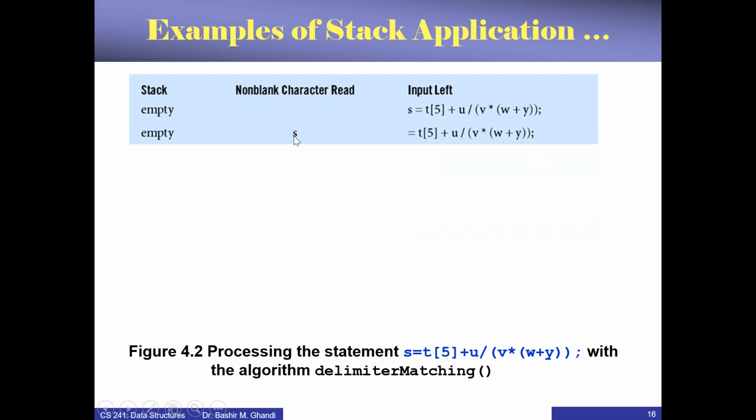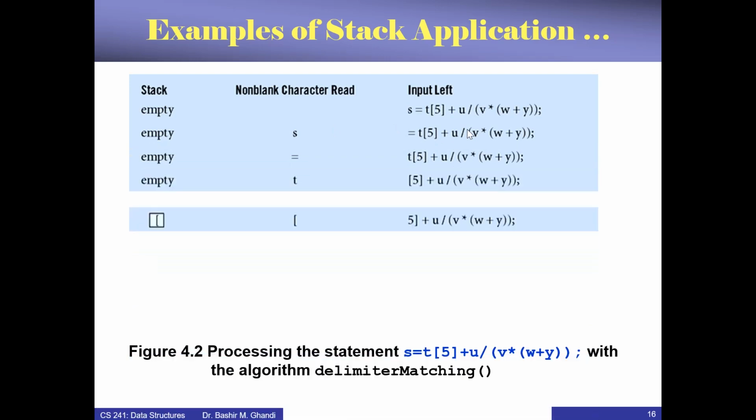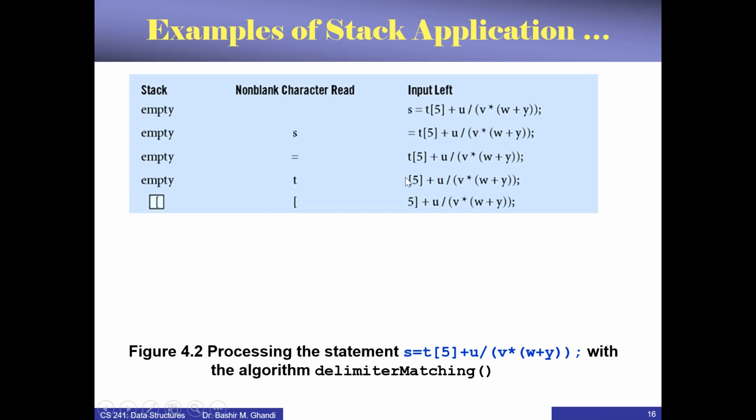Obviously S is not one of the characters we are concerned with. We are only concerned with the brackets. Is it this type of bracket or this type of bracket or braces. So we just ignore it and get the next one, which is equal. Again, ignore the equal, ignore the T, ignore the now.